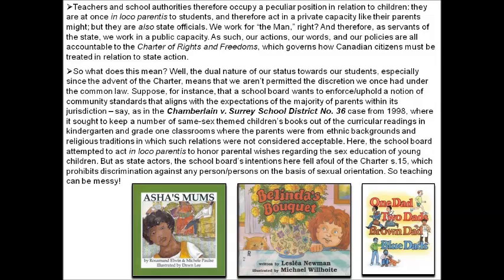So here you have local community standards, community expectations. You have the private capacities of families and parents in a smaller community or in a place in, say, BC, where people have very traditional, we might say, conservative views on sexual orientation and other things like that, right?